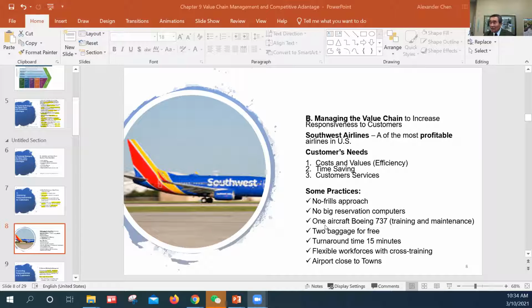So you can see each of these down here could be a specific supply chain, I'm sorry, value chain, or part of the value chain.